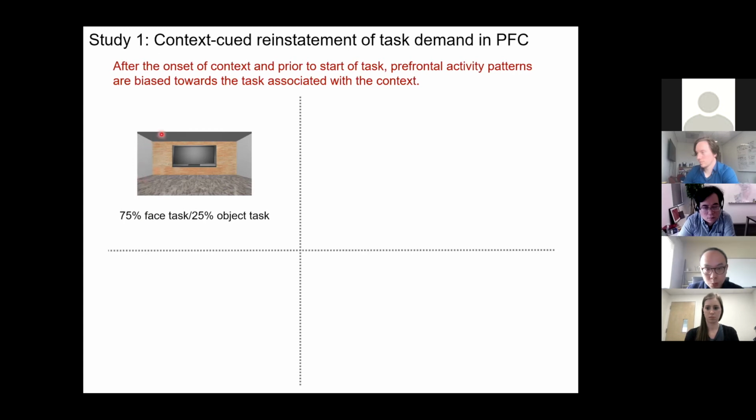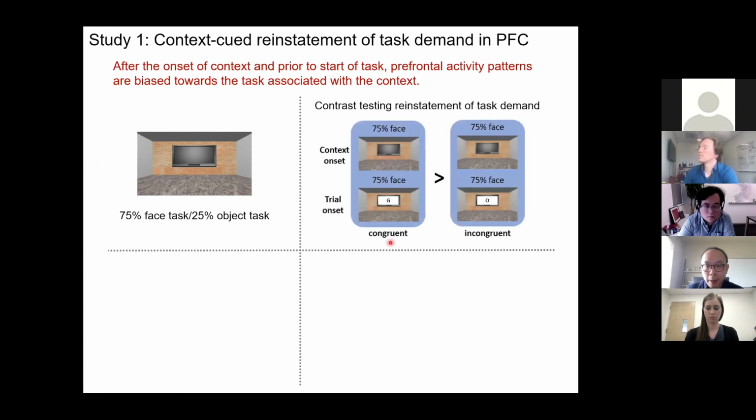In order to test this reinstatement, we take the brain activities measured in fMRI. We use the brain activity pattern at the onset of the context and compare those activity patterns to the activity patterns when they perform each of the 2 tasks. The idea is that the activity pattern when they enter the context should be more similar to the activity pattern of performing its predicted task compared to the not predicted task.